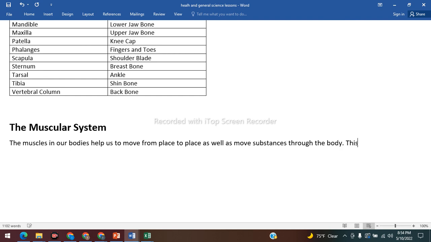This system works together with the skeletal system and nervous system to allow movement.